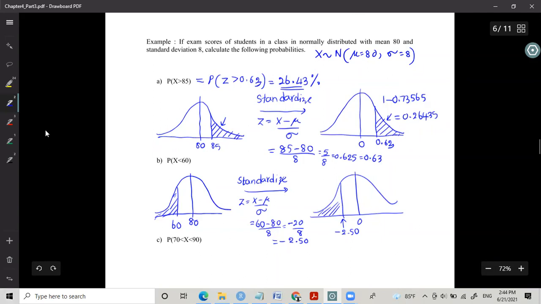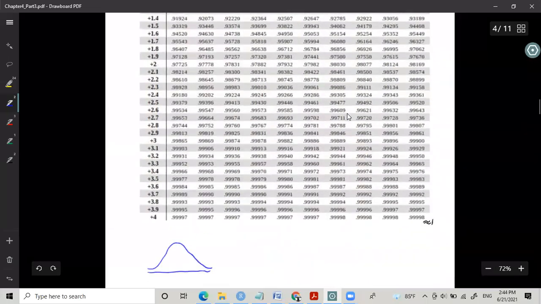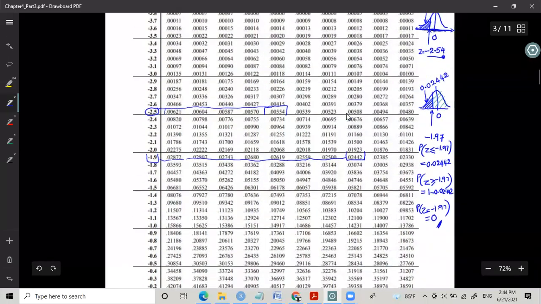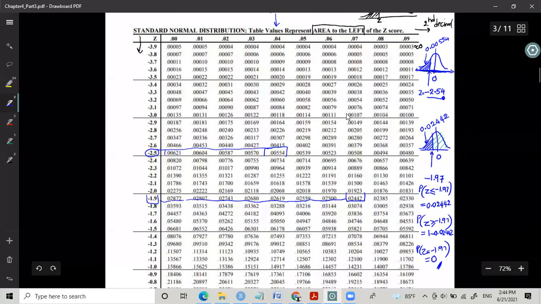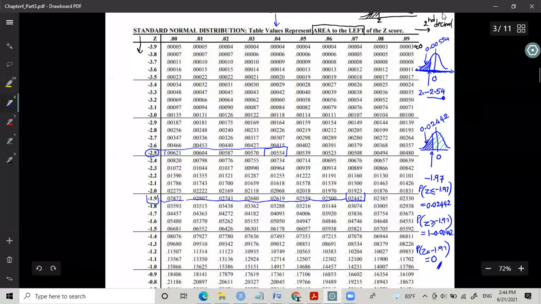Is that clear to all of you? I'll give you the negative table. Find the value. You get the answer straight away from the table, which is 0.00621.